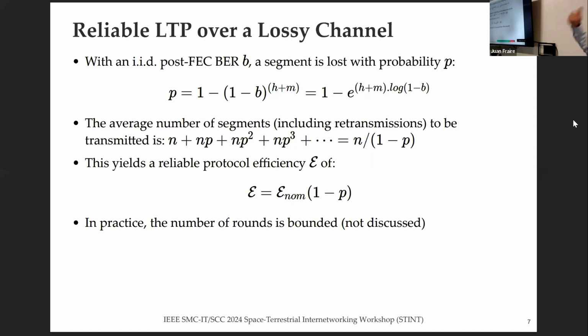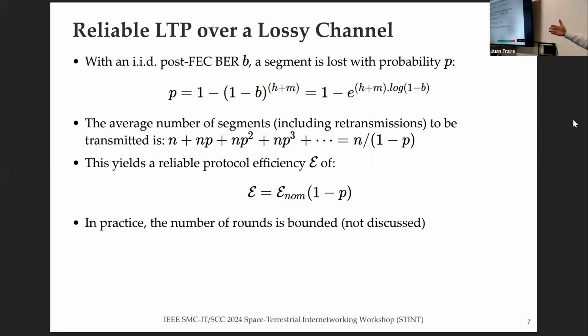and after any forward error correction code, we still have this bit error rate B, what will be the probability of losing a segment, right? That will be determined by how long the segment is. So we're going to have the expression over there, 1 minus B, to the power of the segment size, which includes the header and the payload.